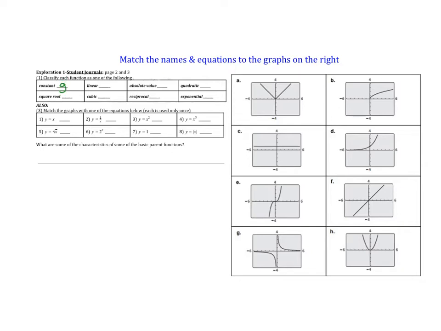And then you look, okay, what is the equation for that? And then maybe you think the equation is here. So you write G there, right? So that's everything that pertains to the name, the graph, and the equation. Now, G is not correct again, but just wanted to show you how you would fill this out. So pause the video, see if you can fill this out on your own, and then I'll go over it in just a moment.